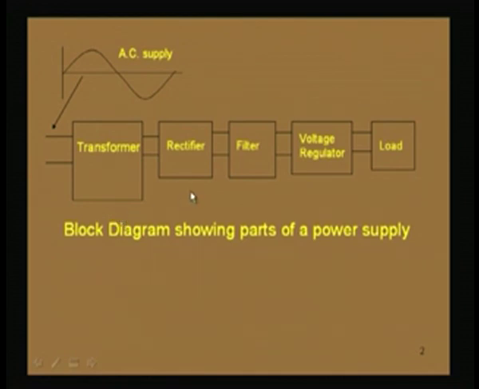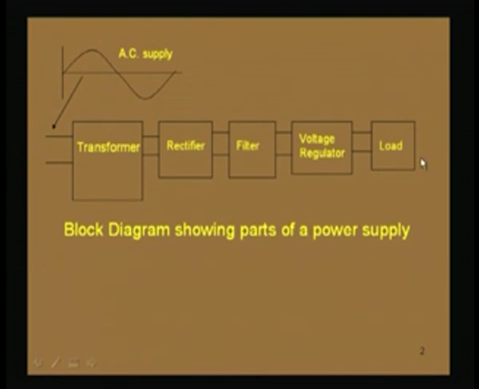Then the rectifier circuit has the diode, which rectifies the AC voltage to a unipolar DC voltage, and then the filtering circuit is there. This is an extra circuit required for smoothing out the pulsating DC, and finally a voltage regulator circuit regulates the voltage level even if the load varies.